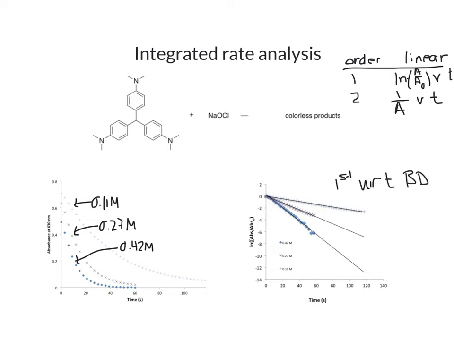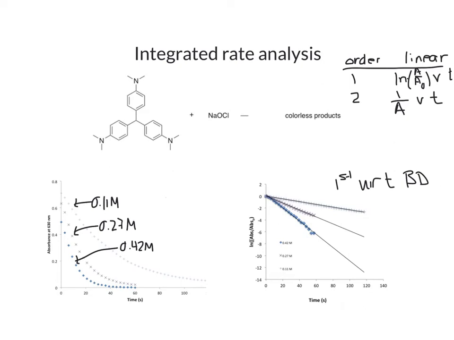Now we still don't know how the reaction behaves with respect to the sodium hypochlorite, or the bleach. But we can use our data from here to determine how the bleach affects the reaction rate.